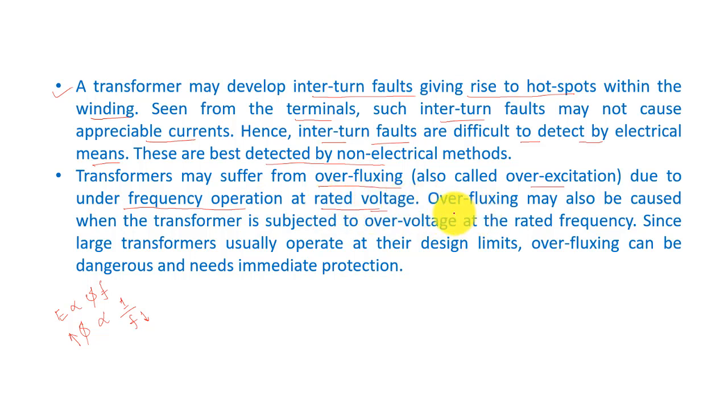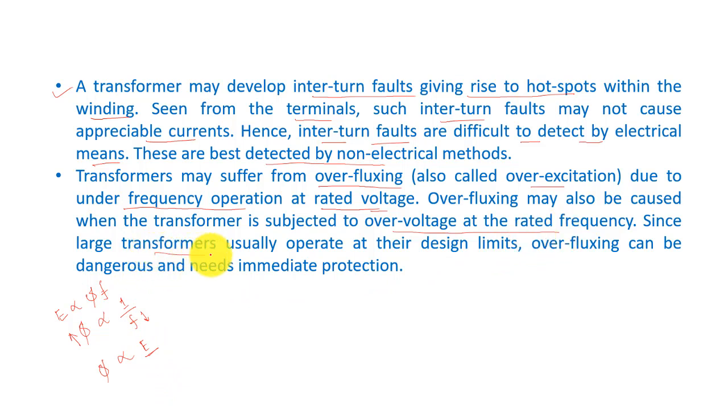overfluxing phenomena happens. And overfluxing may also be caused when the transformer is subjected to overvoltage at rated frequency. As we can see here, your flux is also directly proportional to V, or you can say E, when your f is constant, at rated frequency.